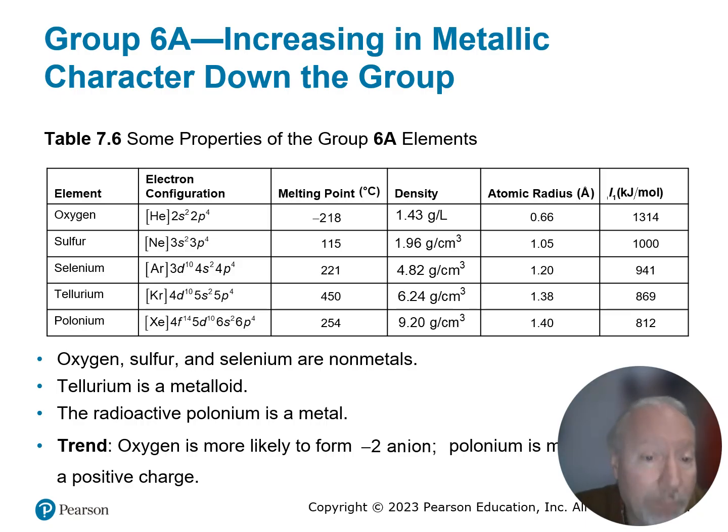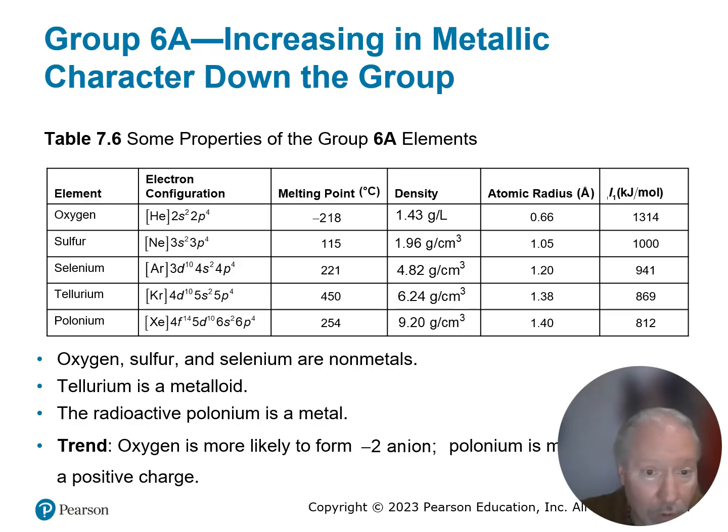So the melting point is very, very low for oxygen, and then it goes up, about 450 for tellurium and 250 for polonium. So the trend is a little bit jagged. It's not a complete straight line.